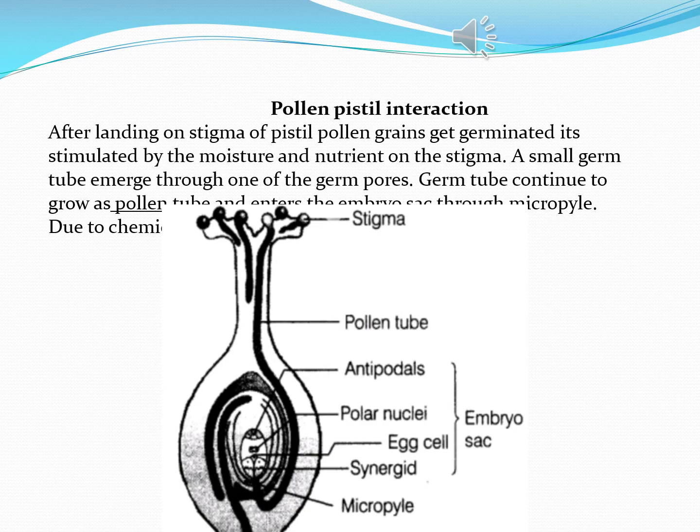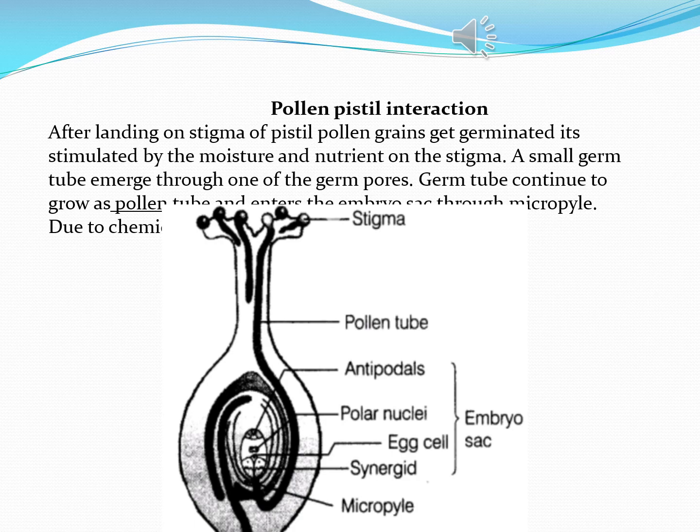So this entire process we consider as pollen pistil interaction. I'm going to repeat again. Pollen pistil interaction means after pollen grains fall on the stigma, due to the moisture content and nutrient media present on the stigma, they get stimulated and produce a small germ tube, and later this small germ tube continues to grow as a pollen tube, which carries the male gametes.